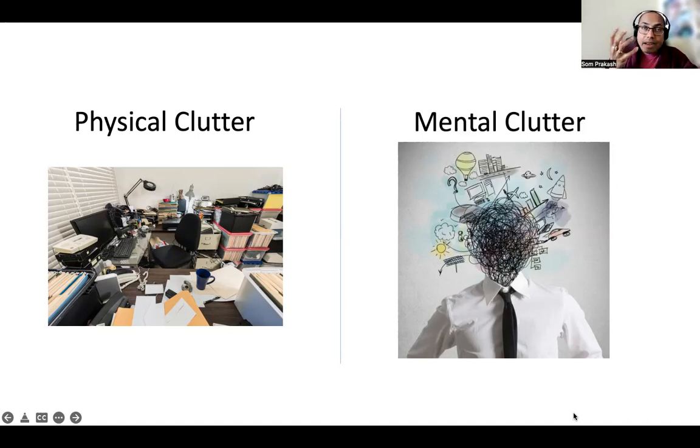Your mind has never thought about how the decluttering will work out, or after decluttering, how it is going to look like. Then you will not take action. So it has to happen mentally first before it happens physically. So the mind has to be clear on that.